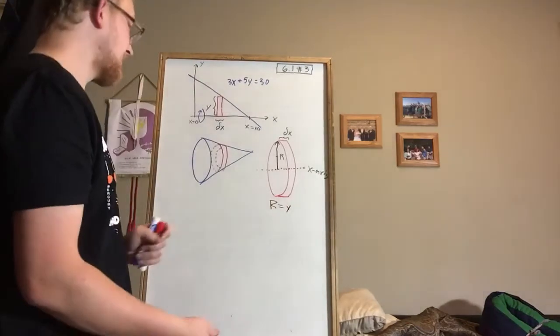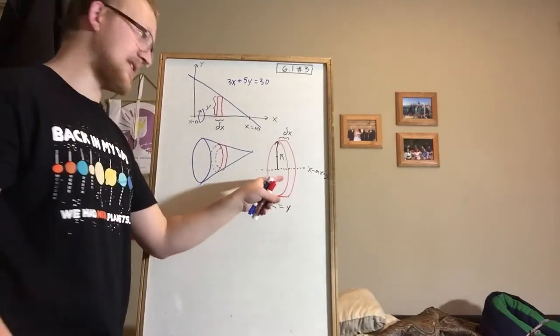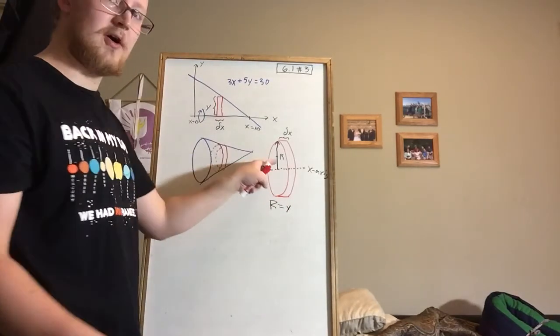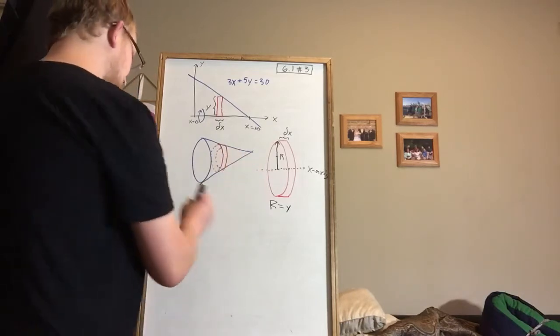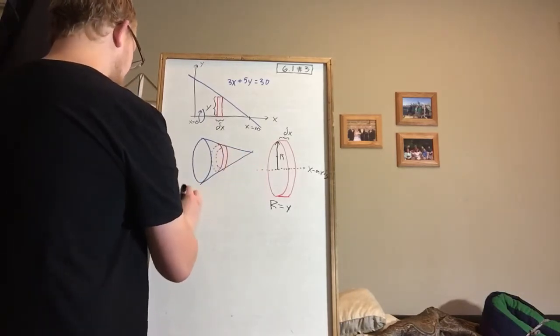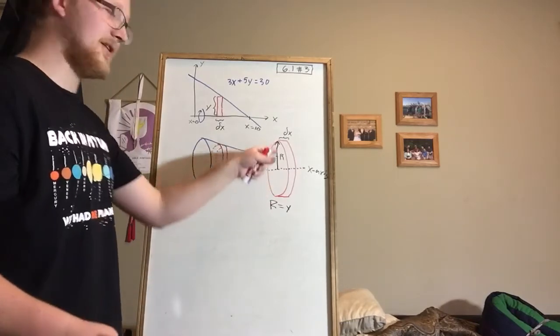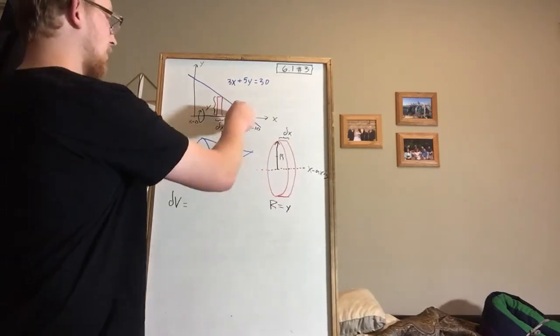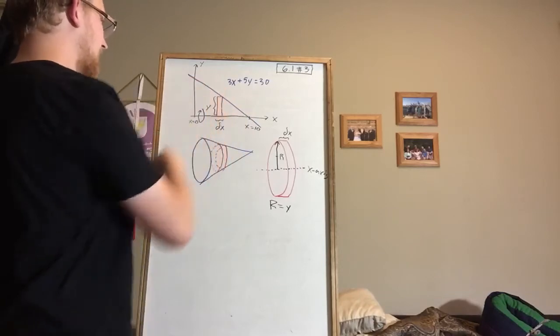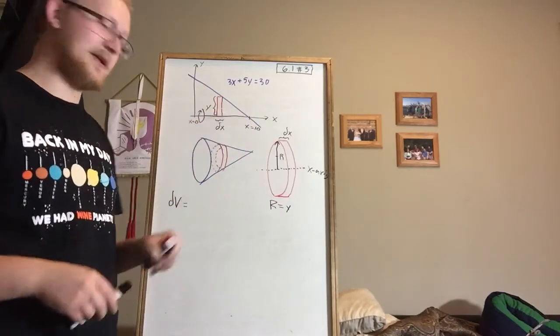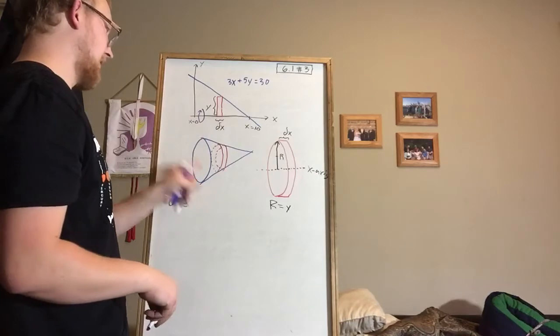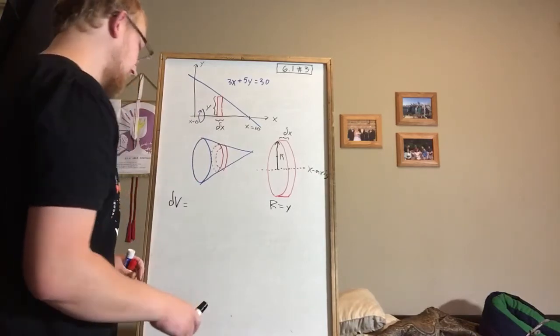So that'll help us. Now what we want to find is our infinitesimal volume for this disk, and we're going to call that dV. And if we make sure that every trait about this disk can work for every single given x value from 0 to 10, then we'll end up with the true volume of this cone that we extruded.